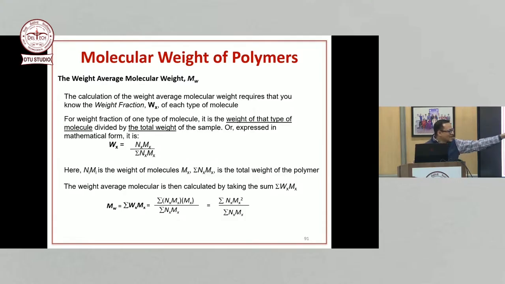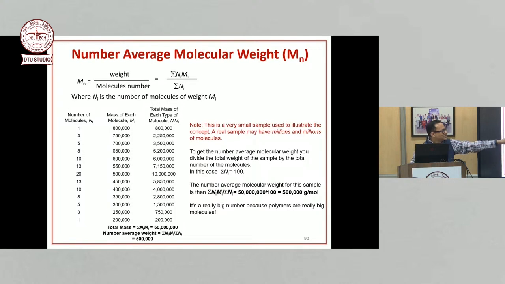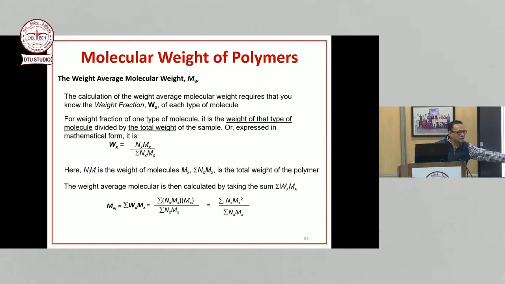And then when you calculate weight average, you will multiply that Wi column with Mi. So 800,000 divided by 50 million multiplied by 800,000, that will become W1M1, W2M2, W3M3, and summation of all those will be weight average molecular weight.